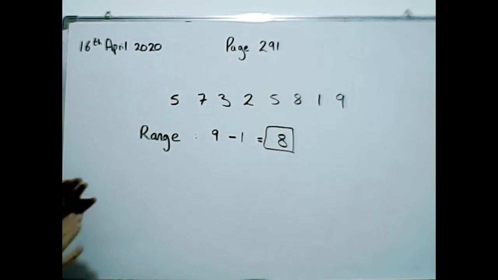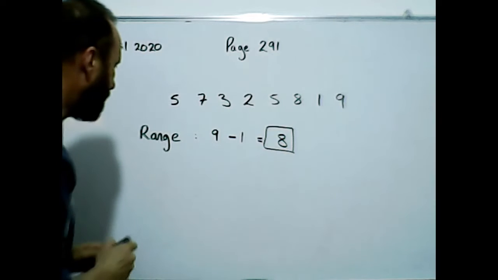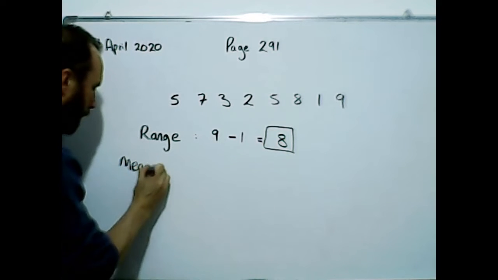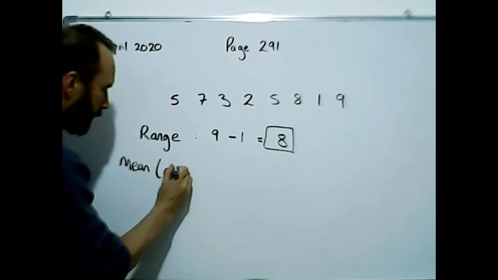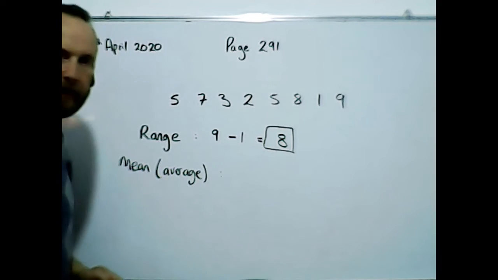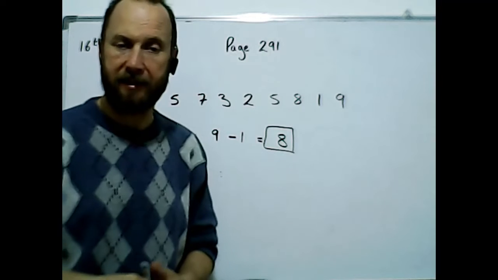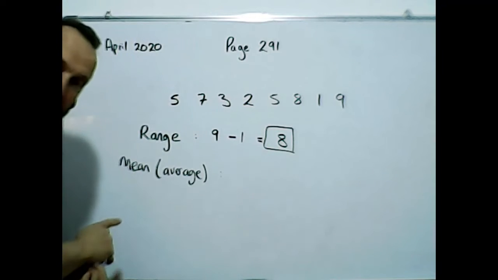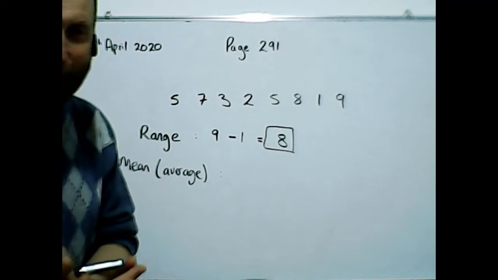Straightforward, okay? And the mean, this is quite often called the average. It shouldn't be called the average because in maths we have different types of averages. So in maths we call it the mean, but in every other place they normally call it the average.